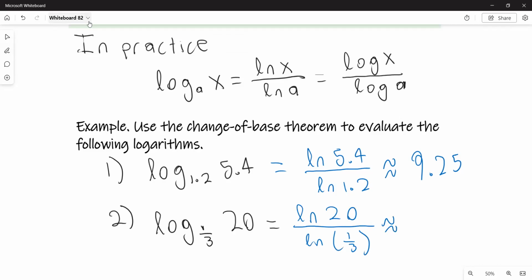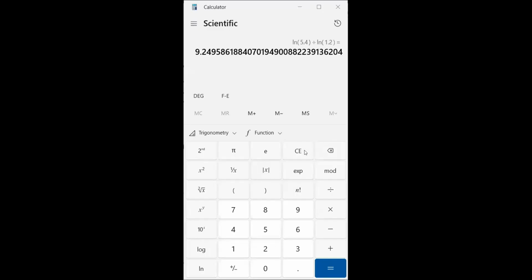Okay, so let's evaluate. That's the natural logarithm of 20 over the natural logarithm of 1/3. That's not working. Again, that's the natural logarithm of 20 over, I need to use grouping symbols, natural logarithm of 1/3.